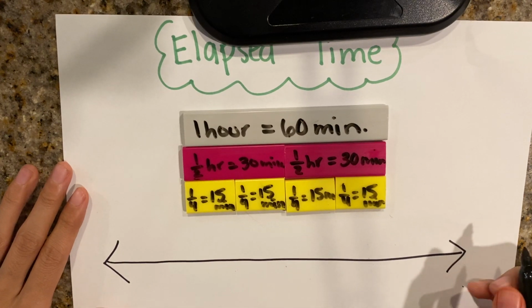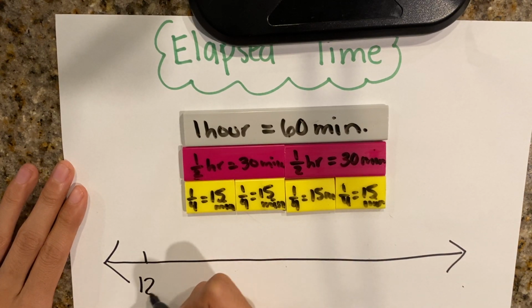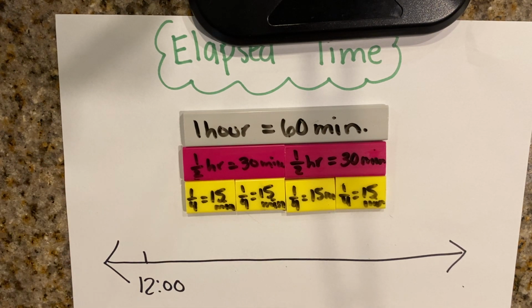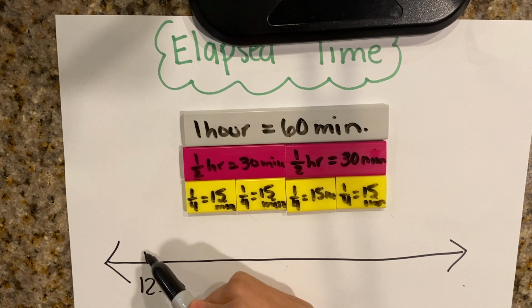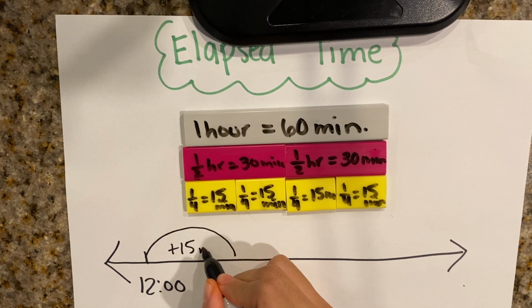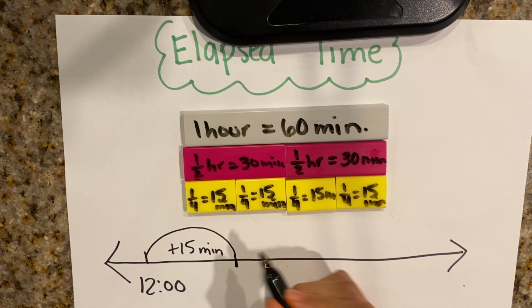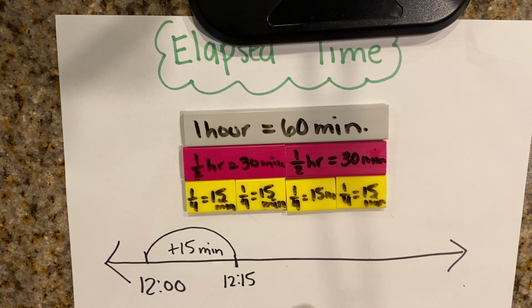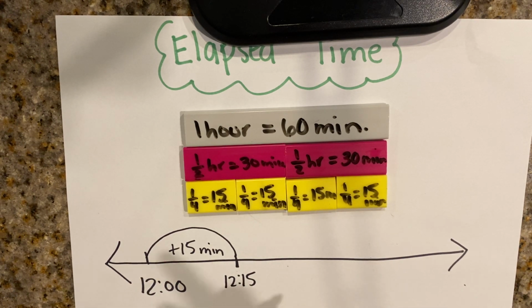Let's say I were to start at 12 o'clock. If I add 15 minutes, I am now at 12:15, and that is 1/4 past. So we'll say 1/4 past 12.